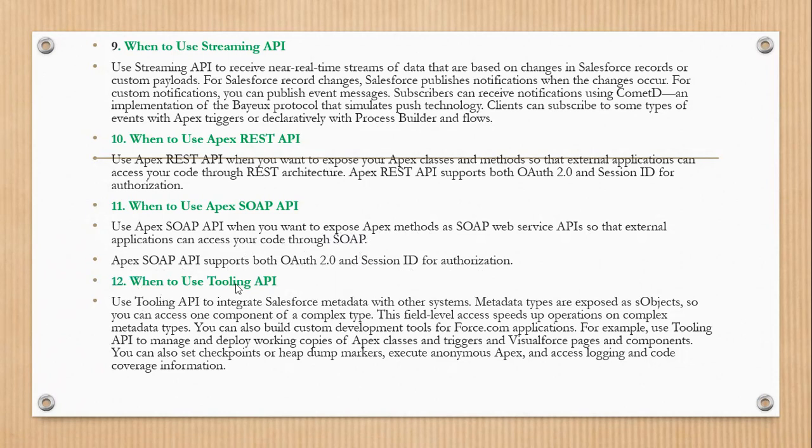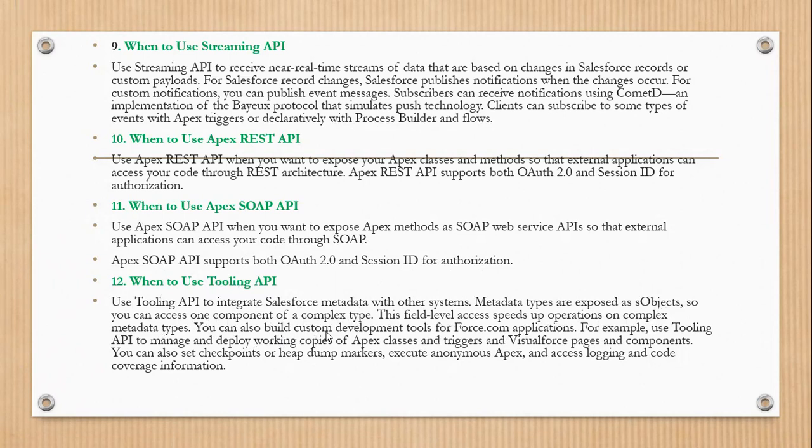Next question: when to use the Tooling API? Use the Tooling API to integrate Salesforce metadata with other systems. Metadata types are exposed as objects, so you can access the components of complex types. This lets you access and operate separately on complex metadata types.